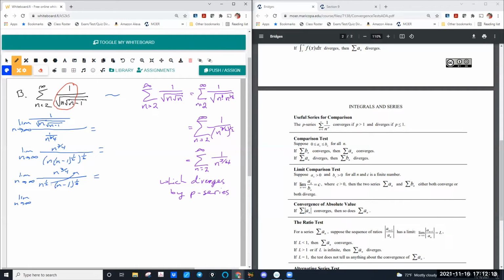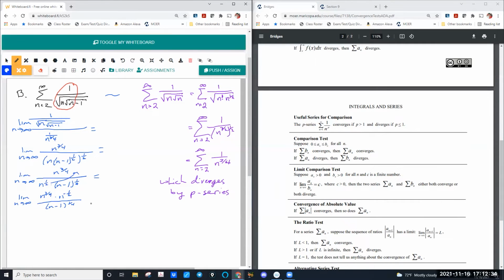Because now what I have is n to the 3/4 times n to the minus 1/2 all over (n minus 1) to the 1/4.